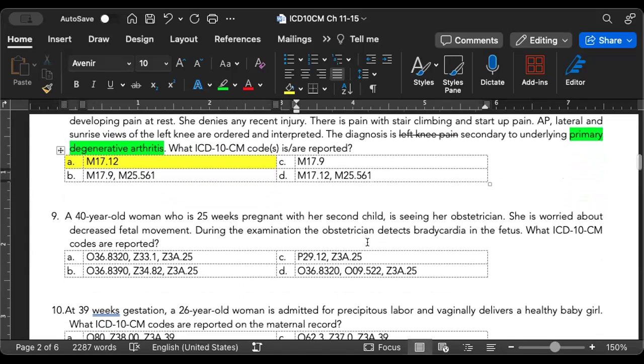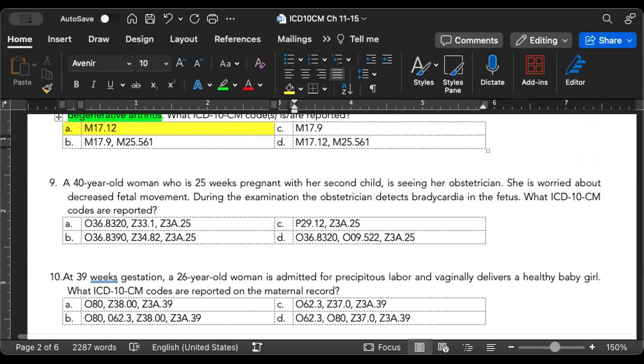Let's roll to number 9. So we've got a 40-year-old woman who is 25 weeks pregnant with her second child is seeing her obstetrician. She is worried about decreased fetal movement. During the examination, the obstetrician detects bradycardia within the fetus. Okay. So first and foremost, we need to code our pregnancy code, right?